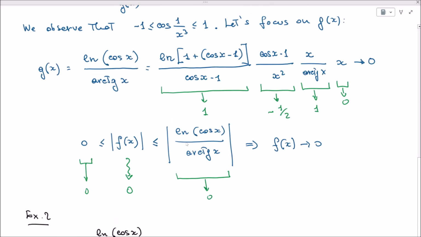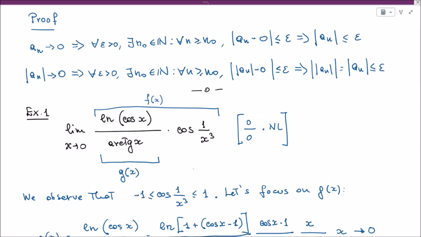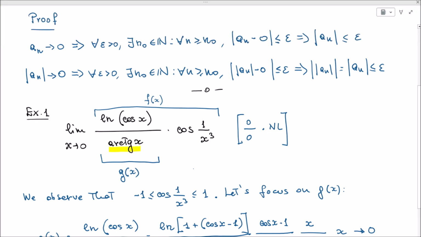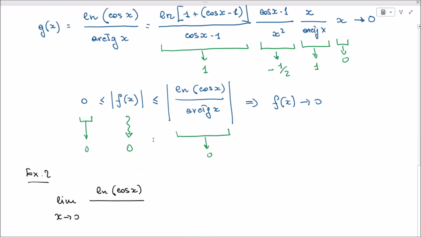And now instead of arctangent of x, we would like to replace this with arctangent squared of x, all multiplied by the cosine of 1 over x to the cube.